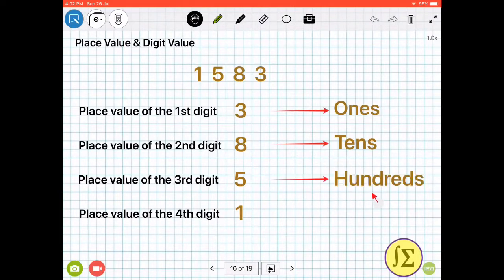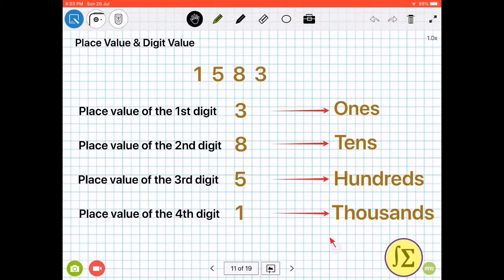The place value is called hundreds. Lastly, 1, the place value for this number is thousands. You will notice that there's an S at the end of every place value. It's not 1, 10, 100, 1000. It's ones, tens, hundreds, and thousands.